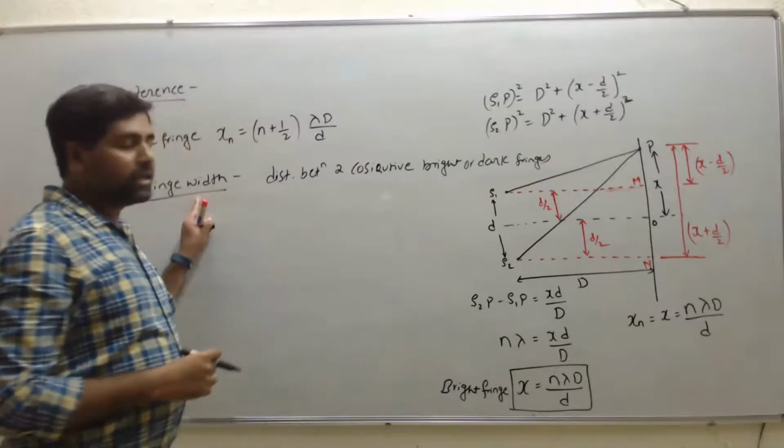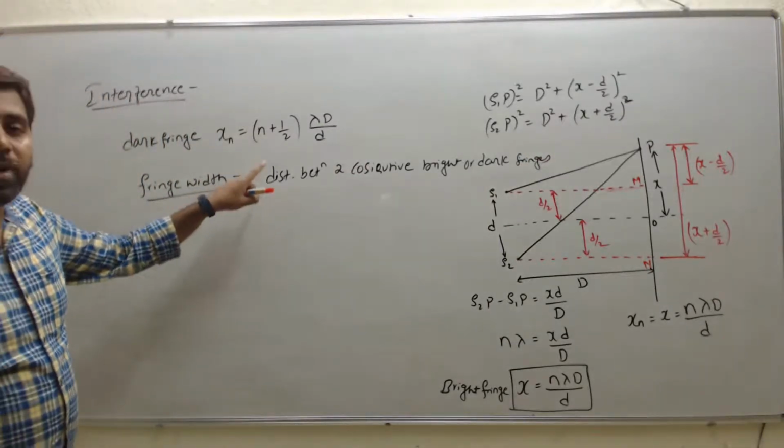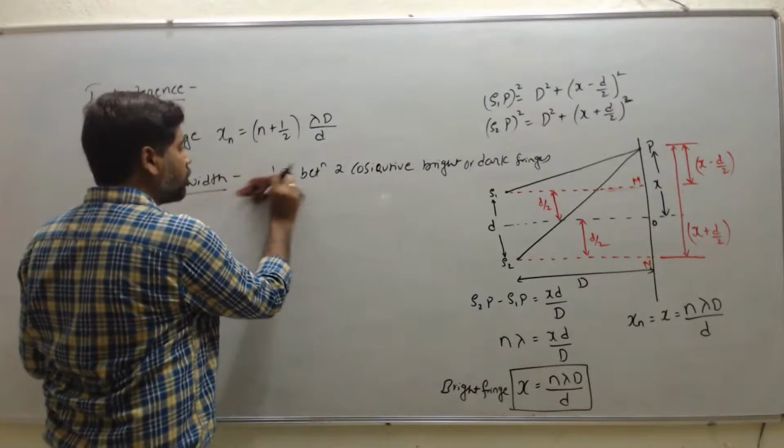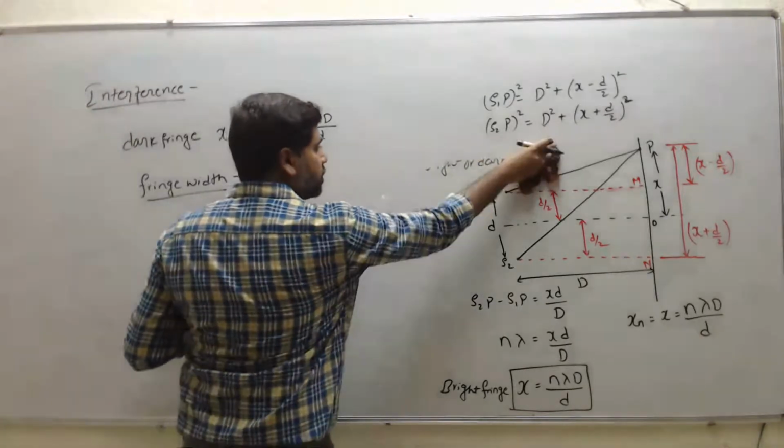So fringe width is the distance between two consecutive bright or dark fringes. That is the definition of the fringe width.